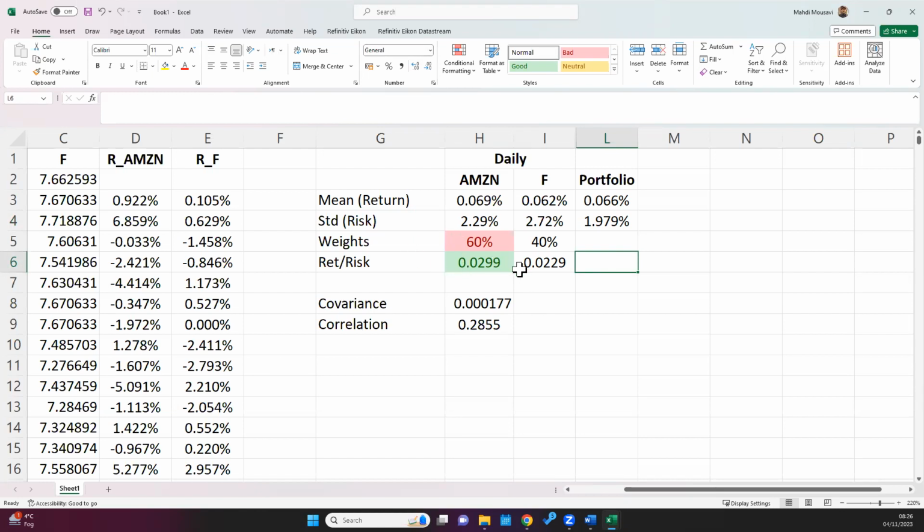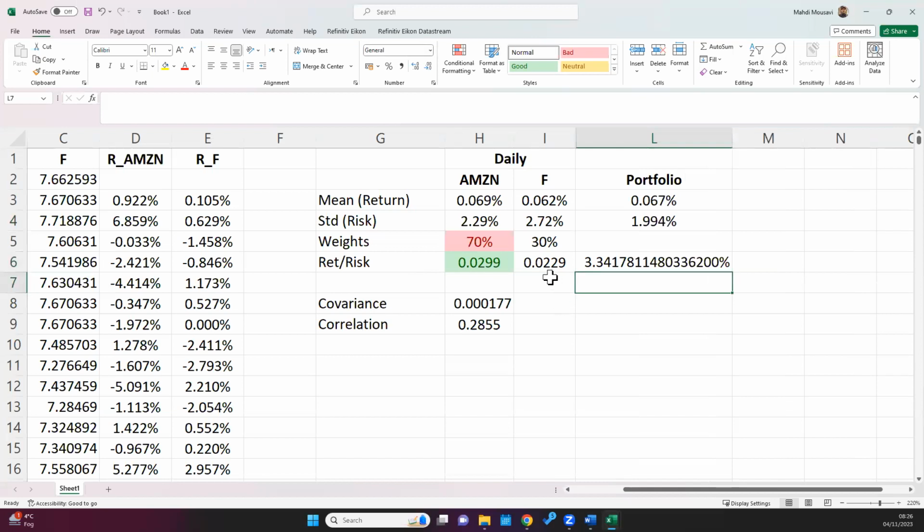All right. So now the question asks, what if we change the weights? Let's say, for example, change this one to 70%. As you see, the portfolio risk and return is changing. And as such, this metric of return to risk, which is another version of the Sharpe ratio, is changing as well, right?